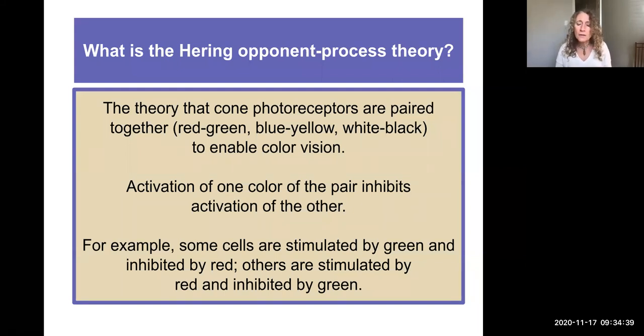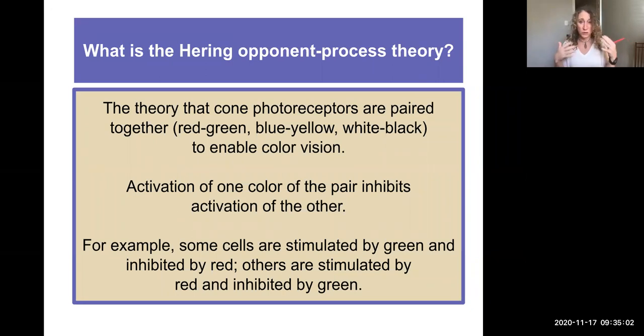And when you activate one of the colors, it inhibits the activation of the other receptor, all right? So when you activate the red, it inhibits the activation of the other. So you're looking at something red, but it's actually inhibiting the green. A lot of times we look at things together, like different color combinations.